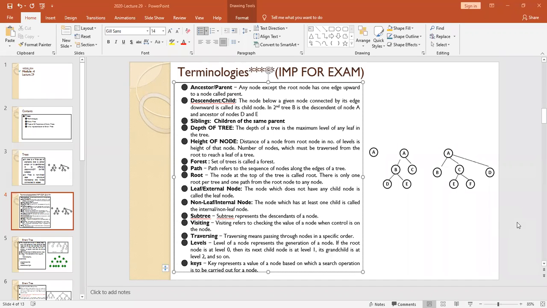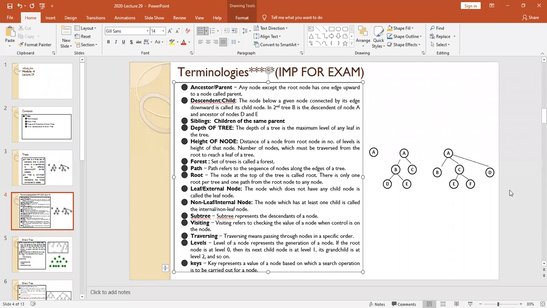Have you understood up to here? So this will be up to the first topic, that is tree definition and terminologies of trees.